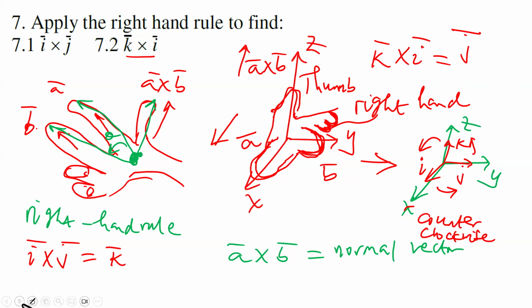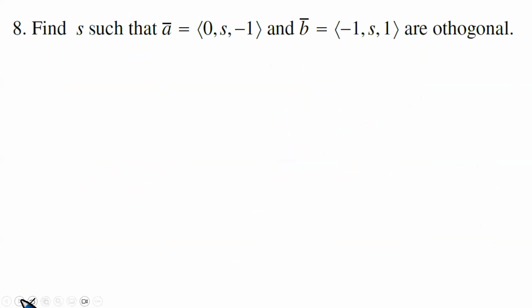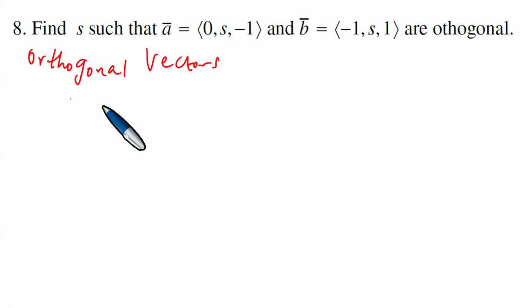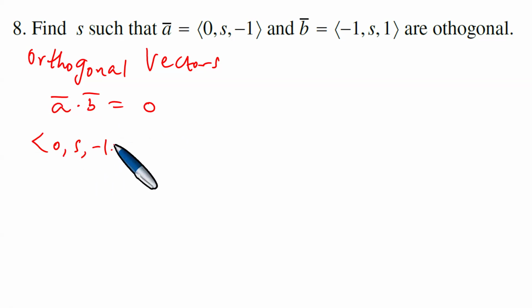Let's move to the next point. Find S such that the vector A and vector B are orthogonal. We remember, there are some questions you should do. If you have orthogonal vectors, the vector A and B would have dot product 0.